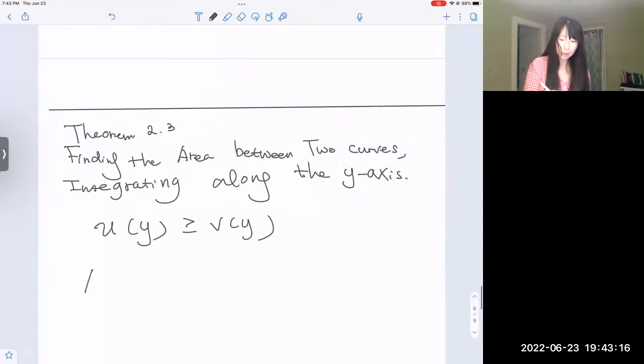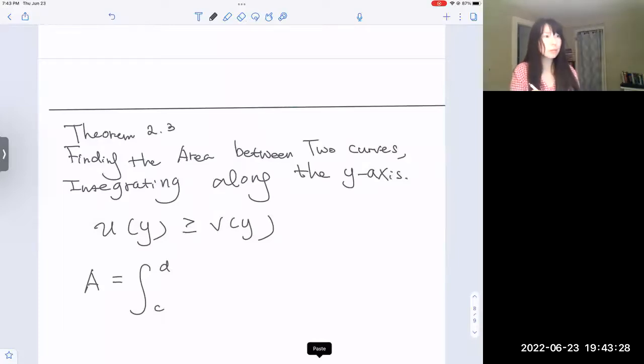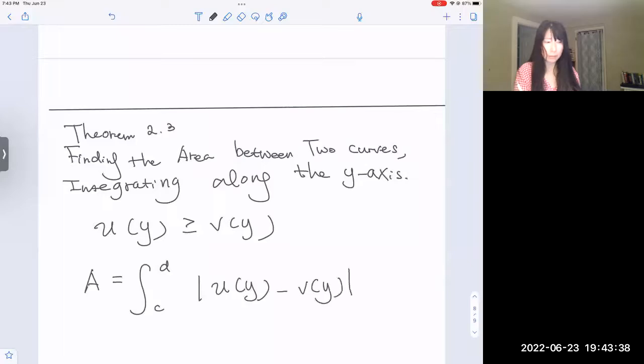Then the area is equal to the integral from c to d, with absolute value, of u of y minus v of y dy. Okay. All right, so let us do this one.